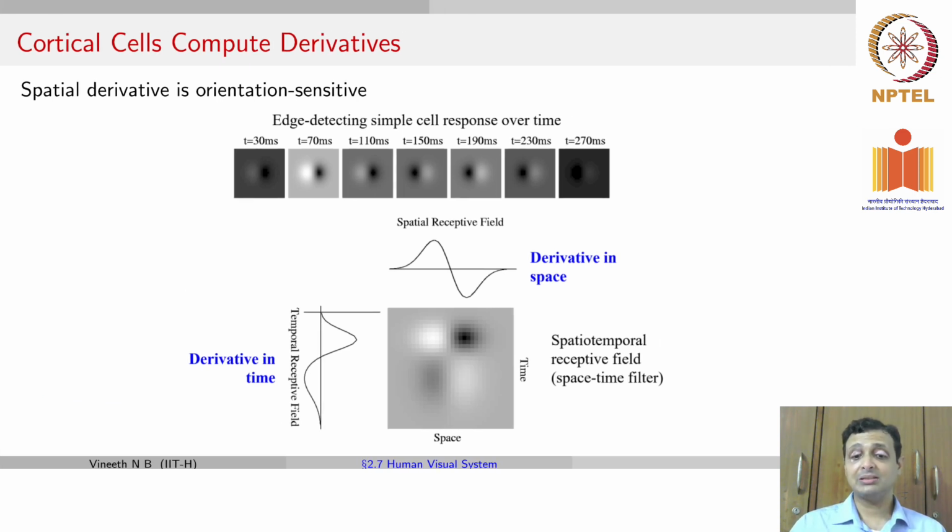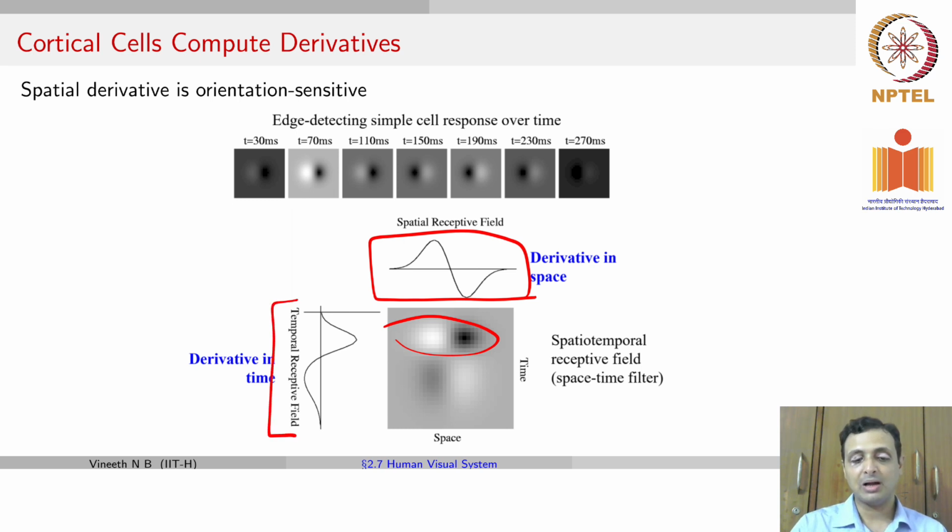The cortical cells actually end up computing derivatives. Remember again that spatial derivative is orientation sensitive. So depending on how you place your filter, you're going to detect different orientations of edges in your image. So if you had such an edge in the scene that fell on your eyes, the spatial receptive field would look something like this, which is a derivative in space, and the derivative in time, as we already said, would peak and then fall off to the other extreme and then gradually go further.